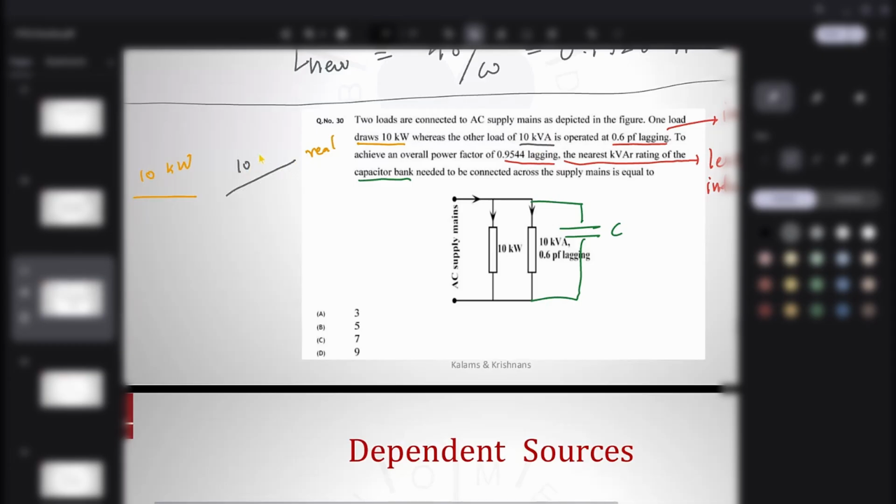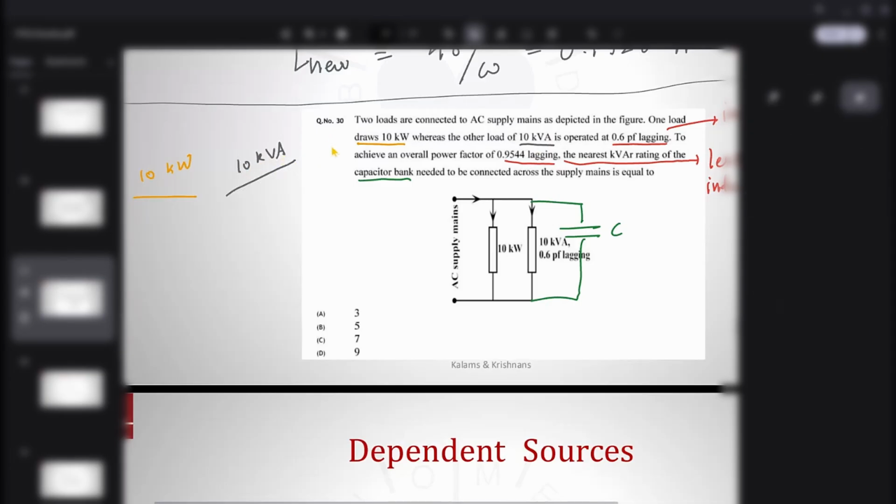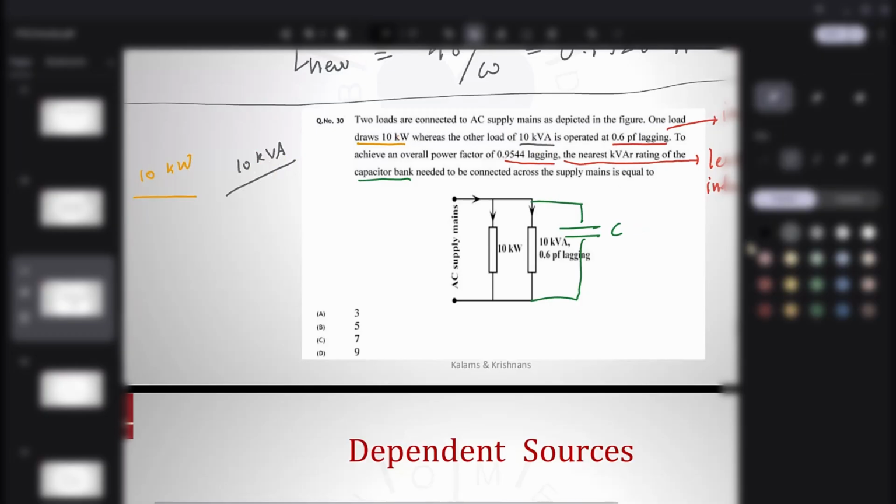The hypotenuse is 10 kilowatt ampere. And the power factor is given, that is 0.6. So cos theta is 0.6. That means the base will be 10 cos theta, that is 6 kilowatt.